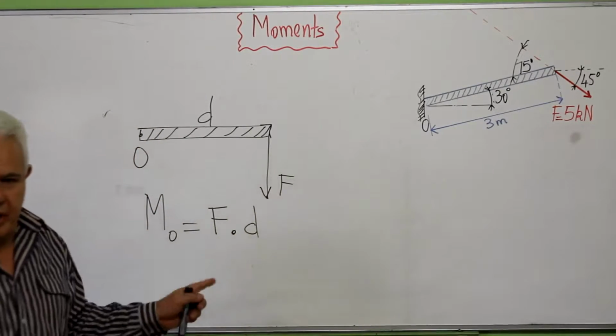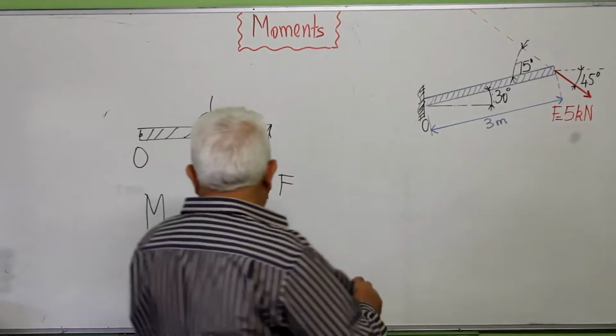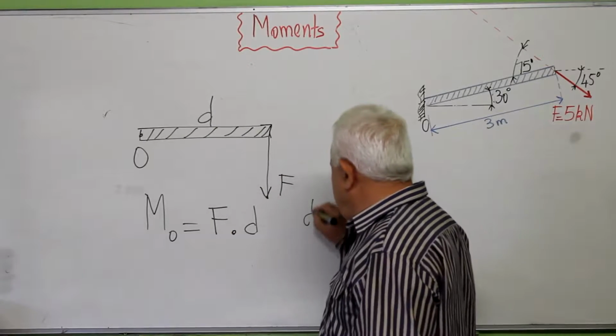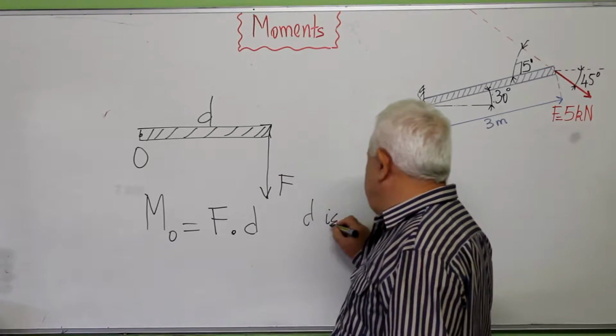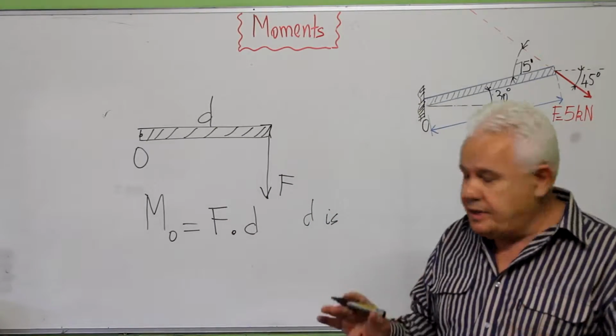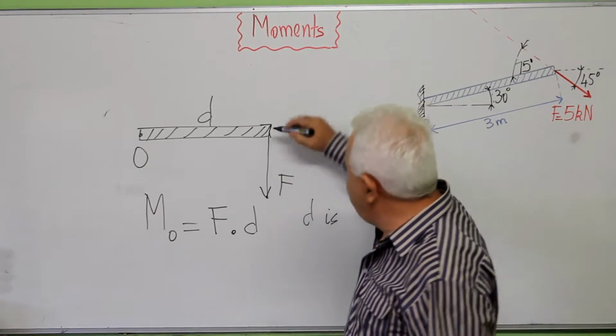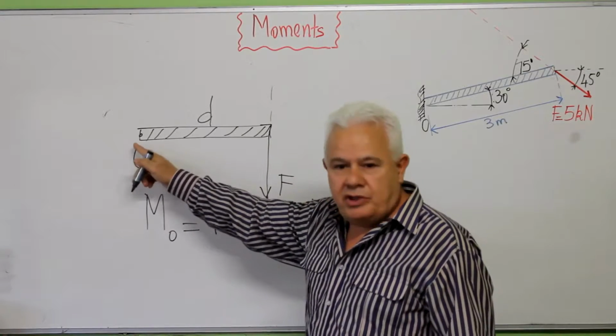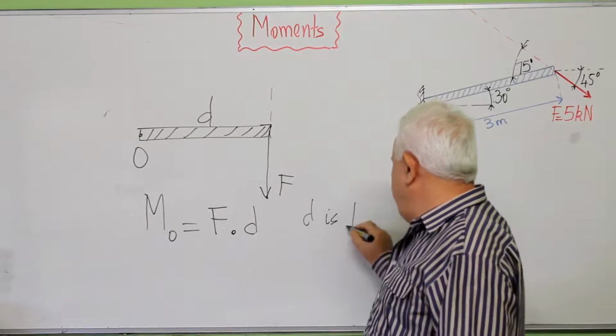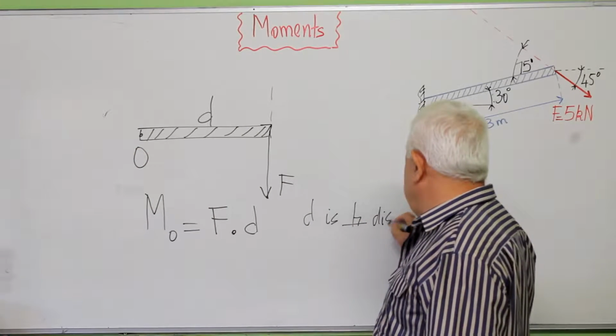Here it is very important to remember that this D is the perpendicular distance from the line of action of F to the point O. Perpendicular distance.